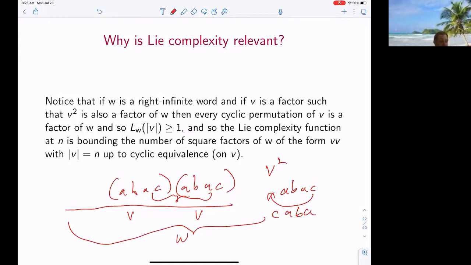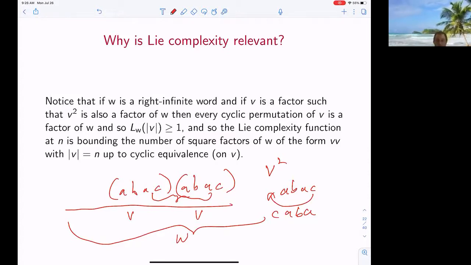It's giving some understanding of that. So if V is a factor where V squared is also a factor, then LW of V is at least 1. So that's just this observation here. So in some sense, the Lie complexity function is bounding squares that can occur once we know it's finite.